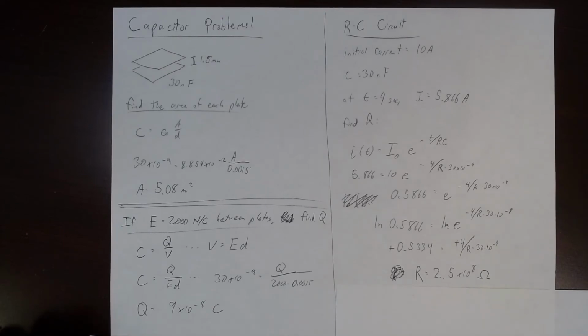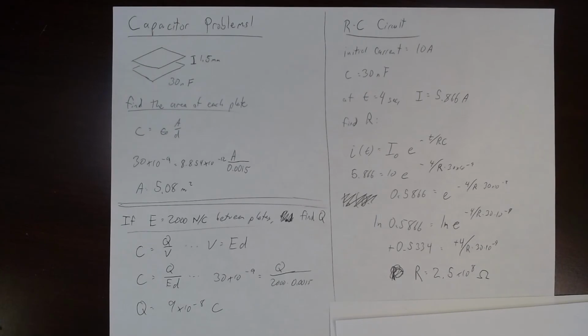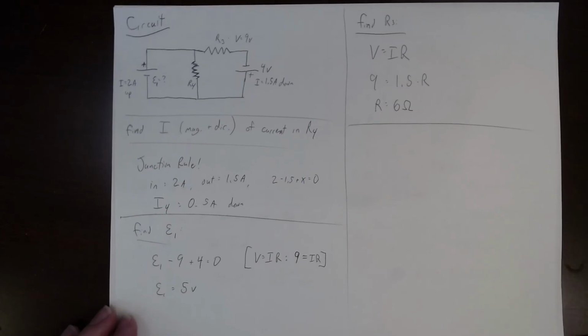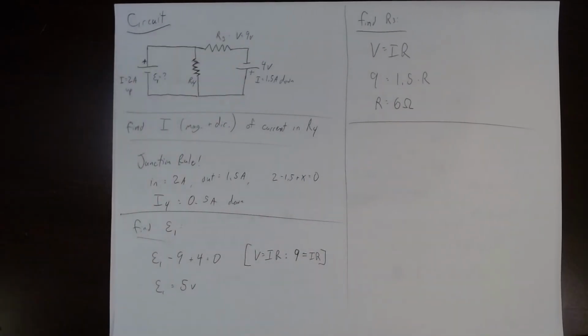For this test, something you need to think about is there's a lot of equations that you need to deal with, and there's a lot of methods that you have to think about. By method, I'm talking about Kirchhoff's rules. There's a lot of patterns in here. There's a lot of understanding how to set this kind of problem up, how to set up the equations.